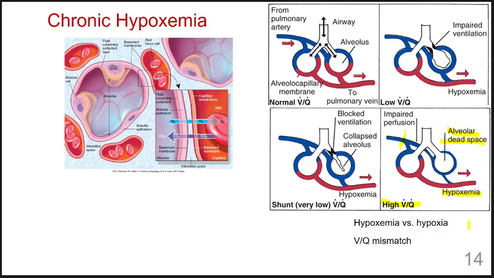In any case, the common denominator is hypoxemia, a state of low oxygen in the blood, very commonly chronic. And so we have a VQ mismatch that's very common with obstructive pulmonary disorders such as COPD.